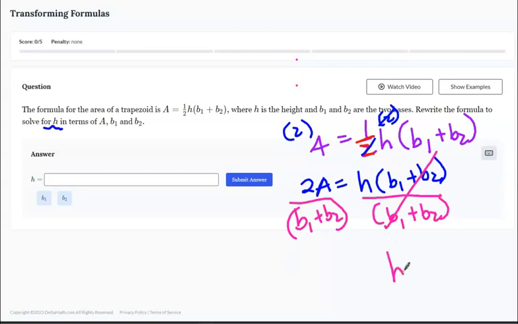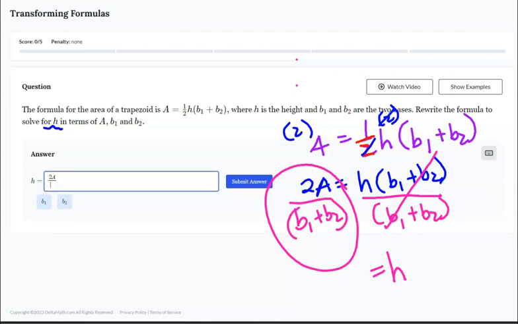And now my h is by itself. That's the answer. So let's type that in here. We're going to say 2a fraction bar, and then parentheses b1 plus b2.